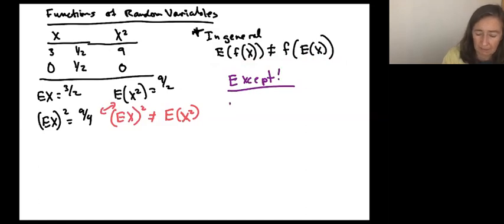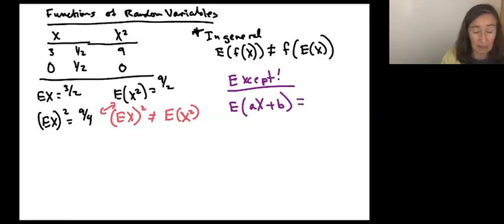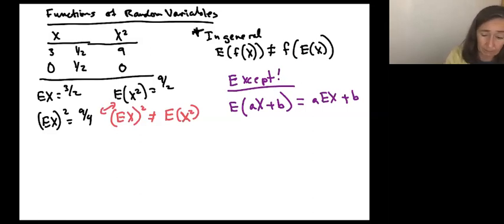So there is an exception for this case. If what we're doing to the random variable is multiplying it by a number and adding another number to it, then we get the same answer when we take its expected value as if we took the expected value of the original variable, multiplied it by that same a, and added b. So let's look at that with our 3, 0 example here, just copying it down.